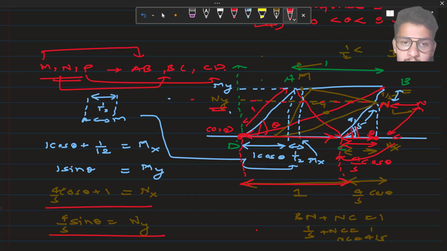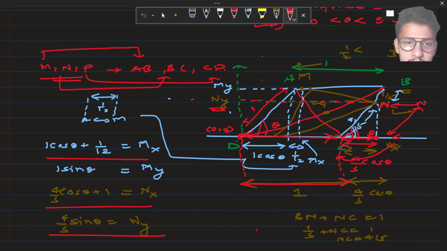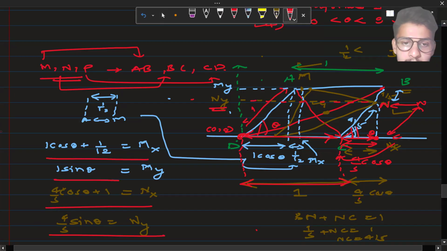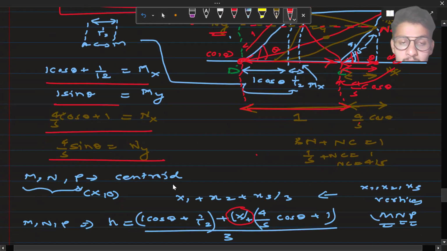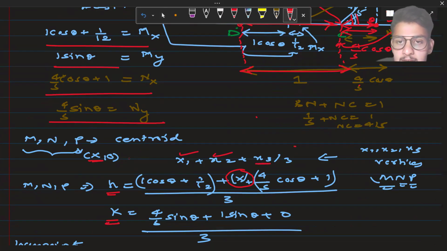The M coordinates are also calculated, and the N coordinates are x comma 0, and that is what is needed in the question, that I want to find the x of the third vertex. I have been given the centroid locus. I need to find the third x, and G locus is given.